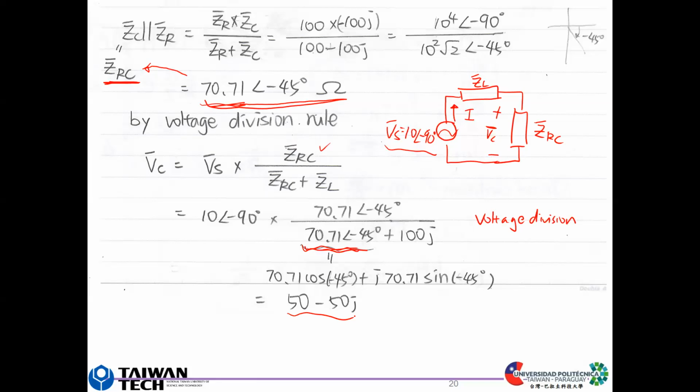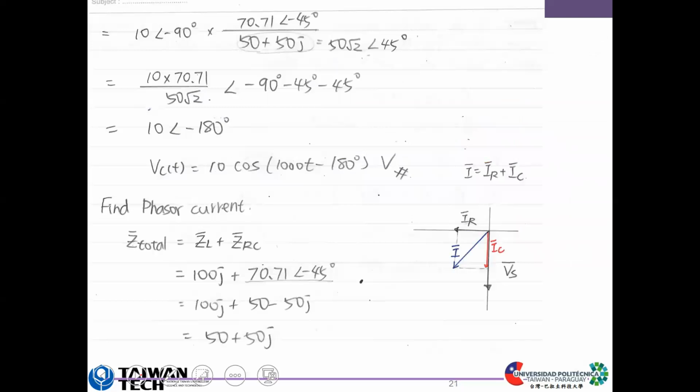Because there are phasor multiplication and division here, we add this with this and calculate its corresponding polar form. So I convert everything to polar form, and then we can multiply, subtract and divide.